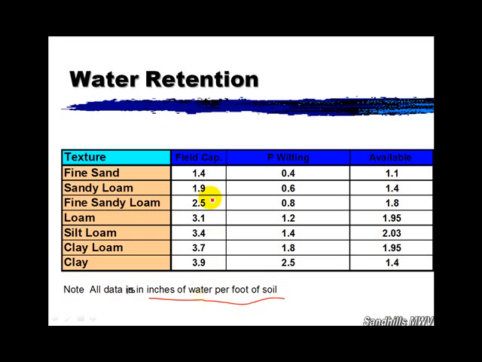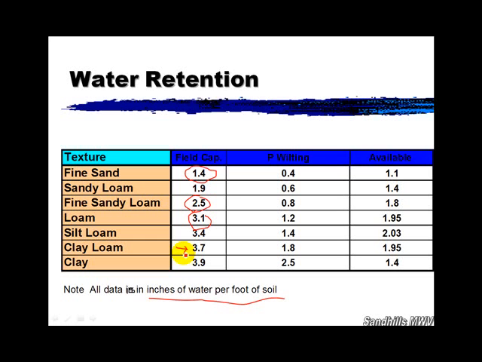Field capacity in a sandy soil is going to be 1.4 inches of water. In a sandy loam, we could have up to 2.5. A loam, 3.1. In a clay loam, we could have 3.7 inches per foot of water that's in the soil.